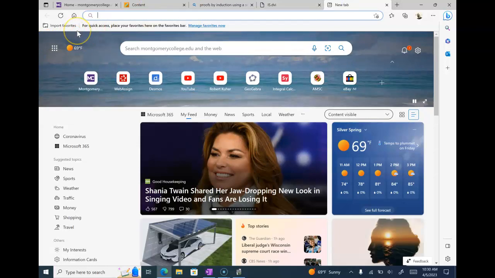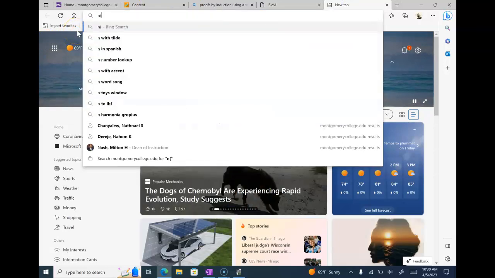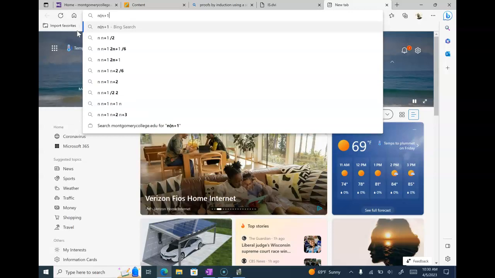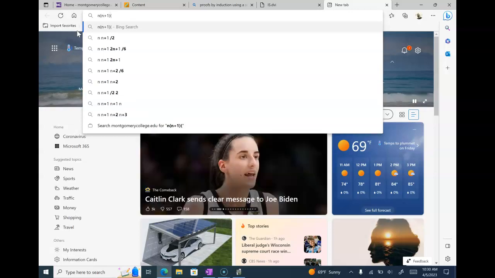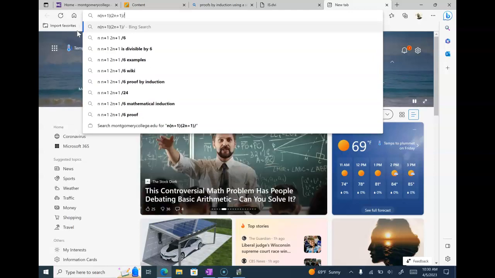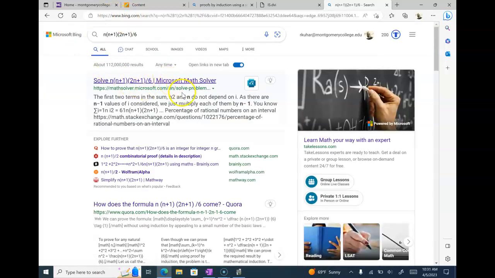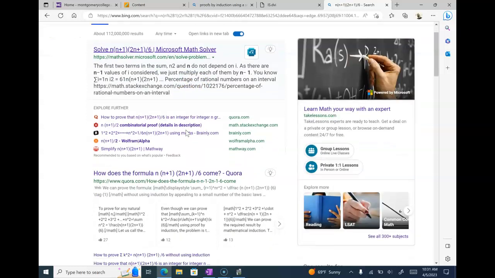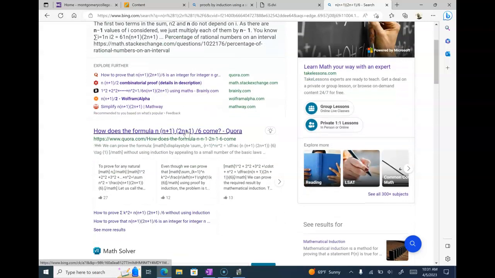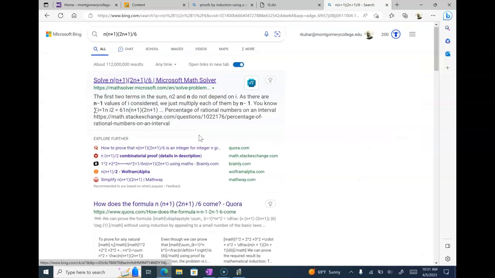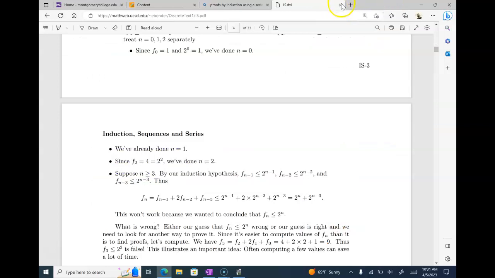If I just Google n times n plus 1 times 2n plus 1 all divided by 6, I probably will see... yeah, so you can just type that series in directly and you should find the proof of it.